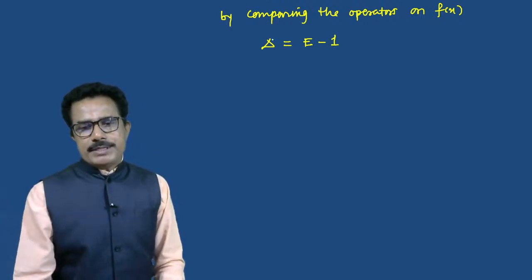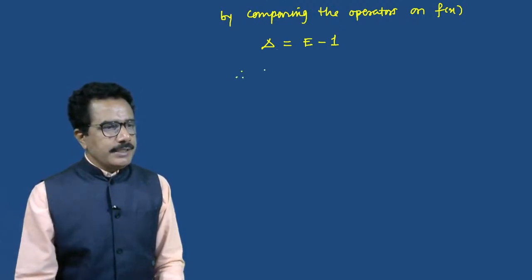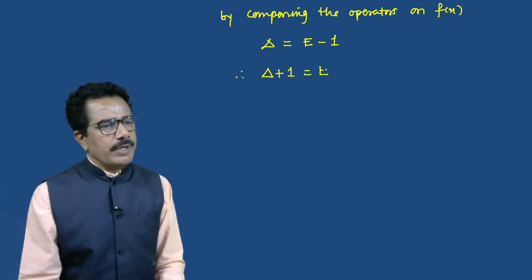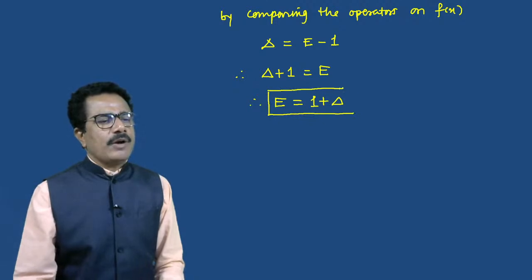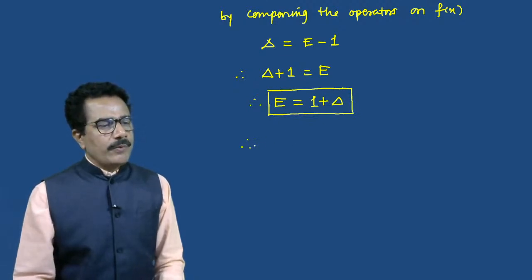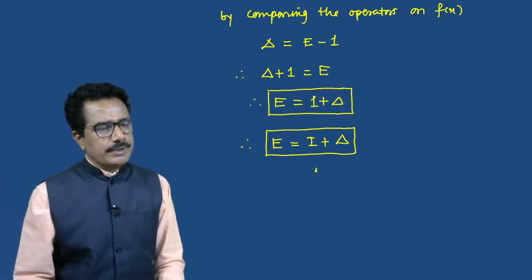The minus 1 can be shifted to the left side, so delta plus 1 is equal to E, therefore E is equal to 1 plus delta. This one can be written as an identity operator I, so we can write E is equal to I plus delta. This is the same process and hence proved.